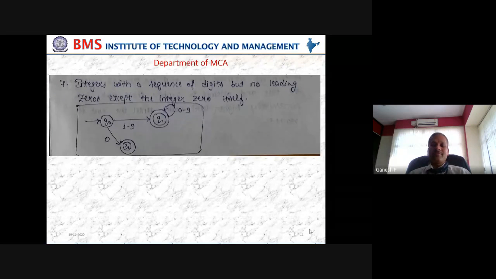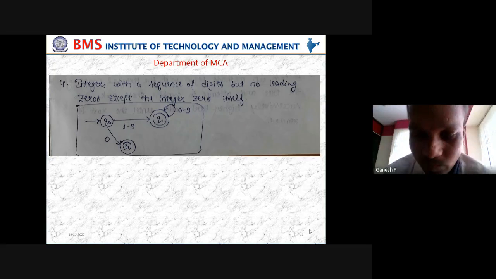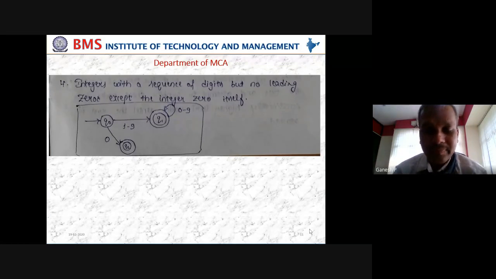Now check whether it matches all types of inputs. I give 0. Is it valid? If I give 0, is it valid? Valid or not? Yes, sir.